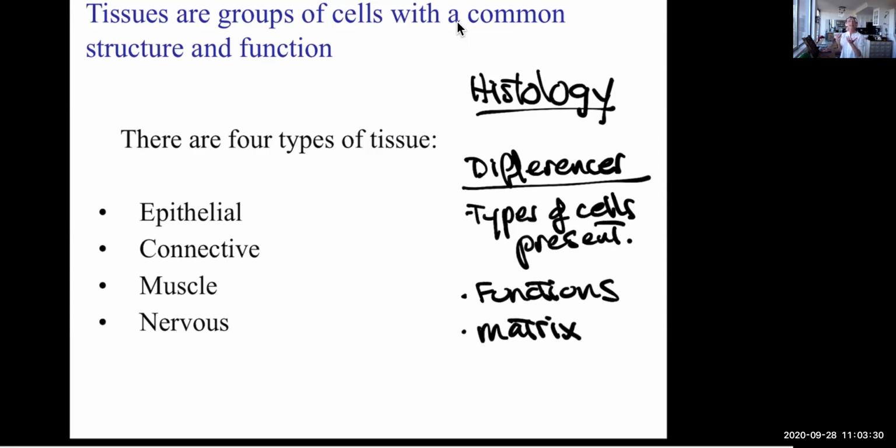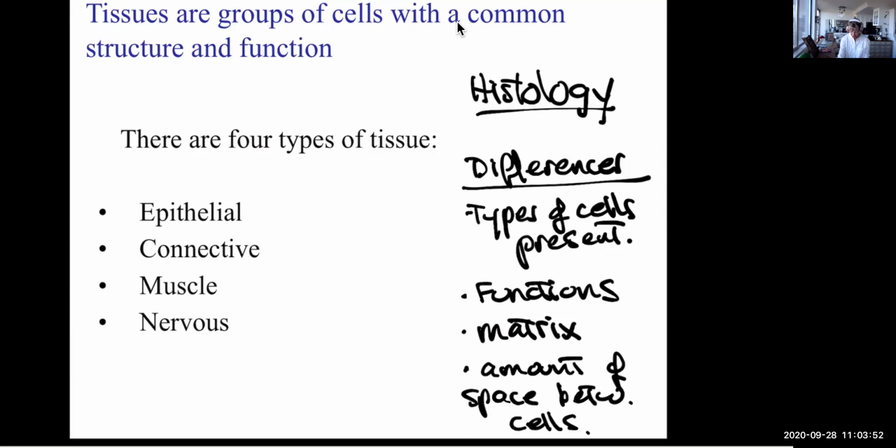It's the surrounding area. What is it made of? And the amount of space between cells. So those are the main differences between our different kinds of tissue: epithelial, connective, muscle, and nervous tissue.